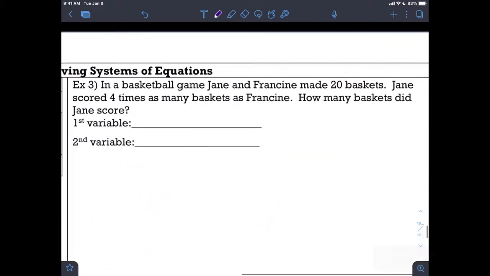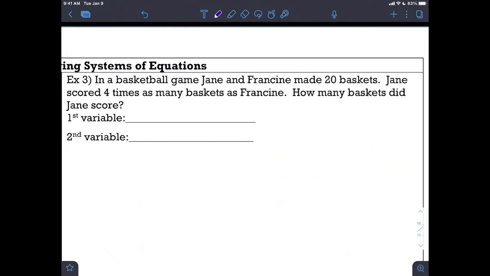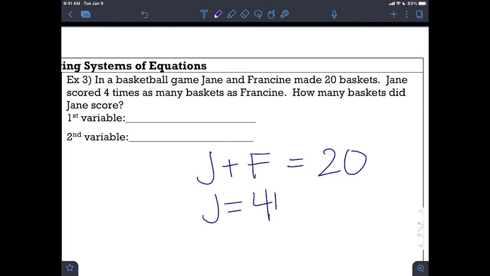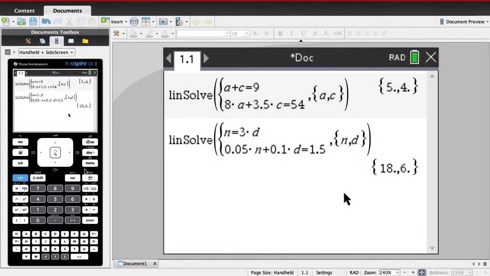All right, next example. In a basketball game, Jane and Francine made 20 baskets. Jane scored 4 times as many baskets as Francine. Because she scored 4 times the amount as Francine, and they want to know how many baskets did Jane score? So let's go ahead and drop this one in the calculator as well.